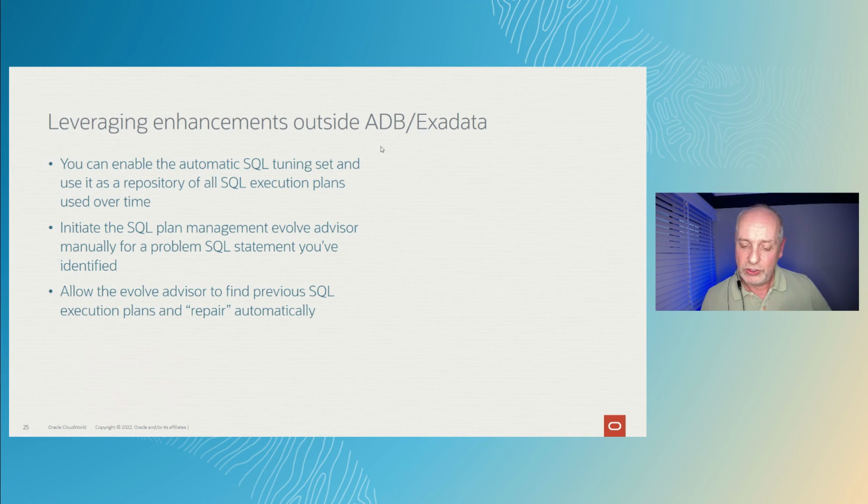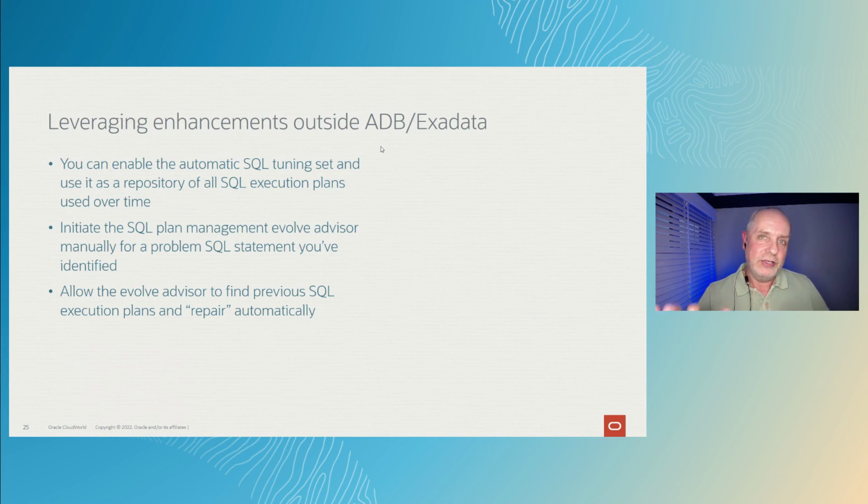You can start that off and allow it to collect this history of execution plans and SQL statements over time. If you do that, and you encounter an issue with a SQL statement where the performance is not good, you can now use the Evolve Advisor to go and look in the SQL tuning set and figure out whether it can repair that execution plan from the previous one that it knows about.